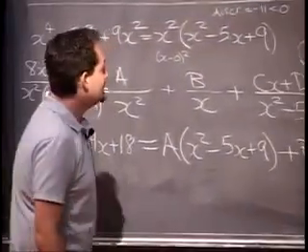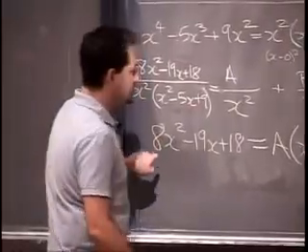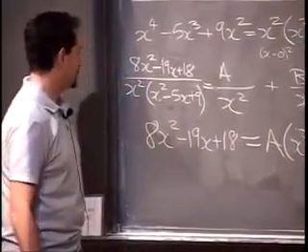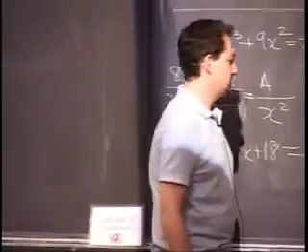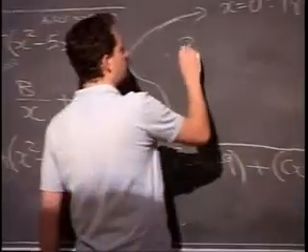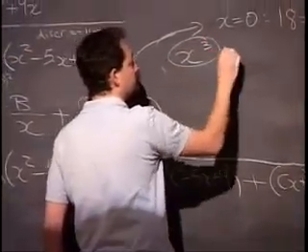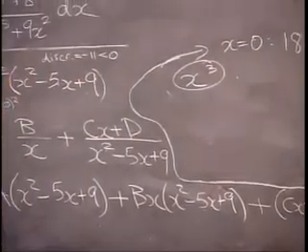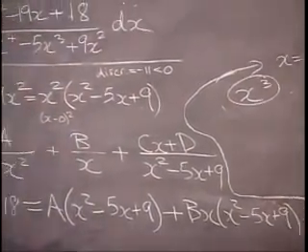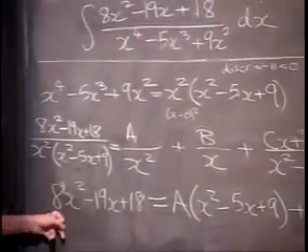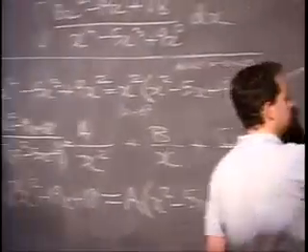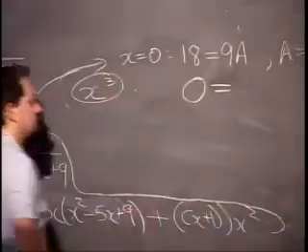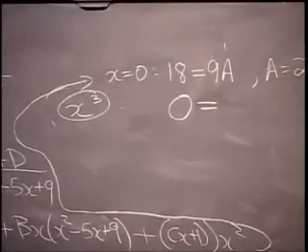Okay, anyway, let's equate coefficients of x cubed. Now that's a little bit tricky. What's the x cubed on the left? 0. There isn't an x cubed, so the coefficient is 0. How about here?